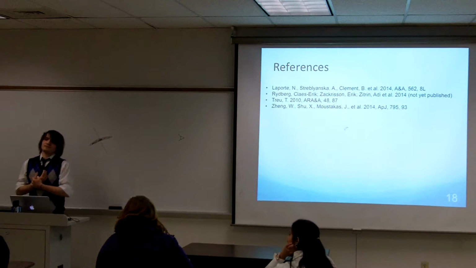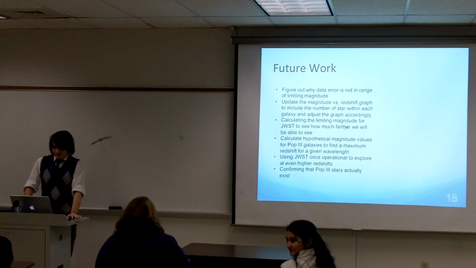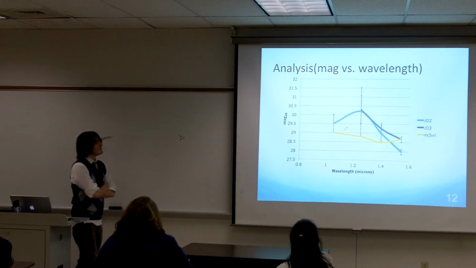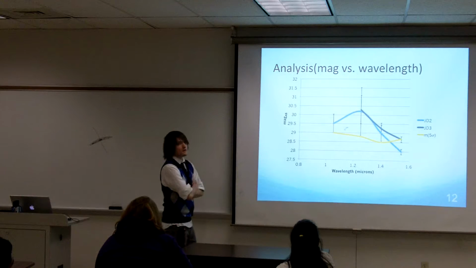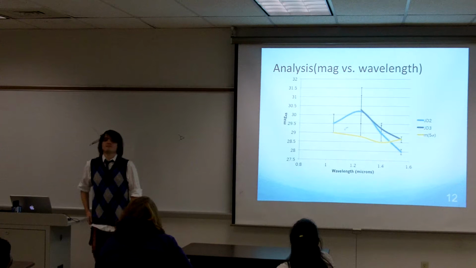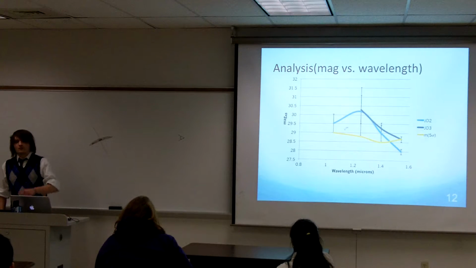Okay, time for questions. Okay, so if you go back to your graph with your limiting magnitudes, the yellow line, you say M5 sigma. When you say 5 sigma, do you mean you took the traditional limit and then added 5 sigma to it to get the absolute dimmest?